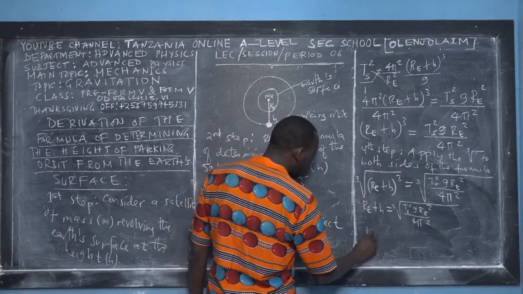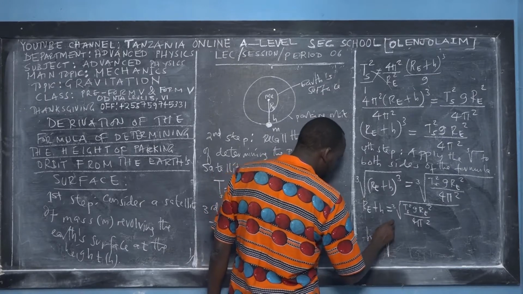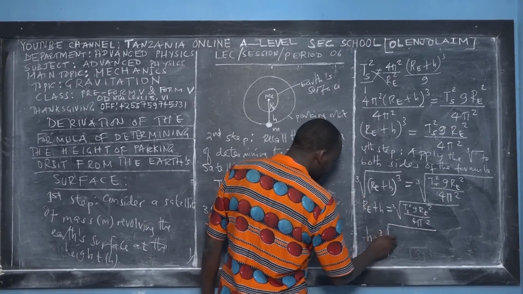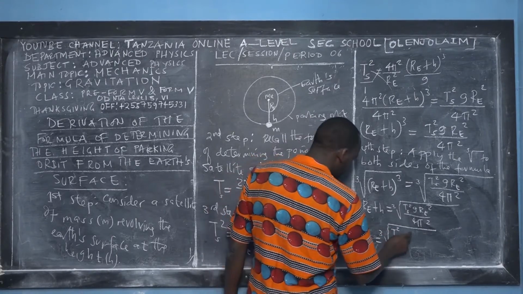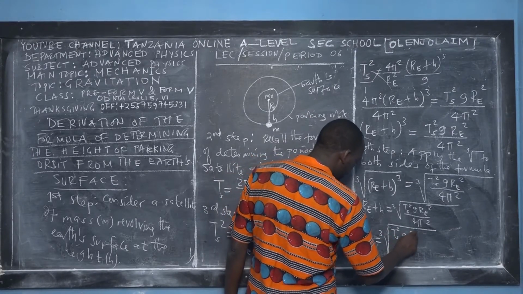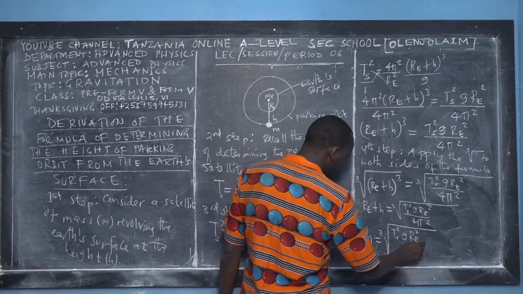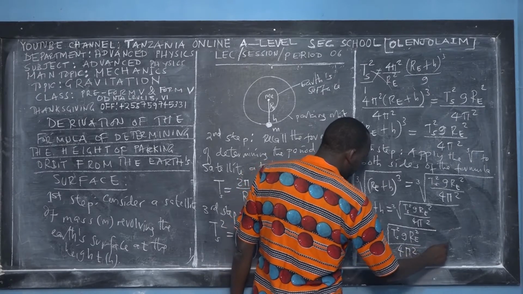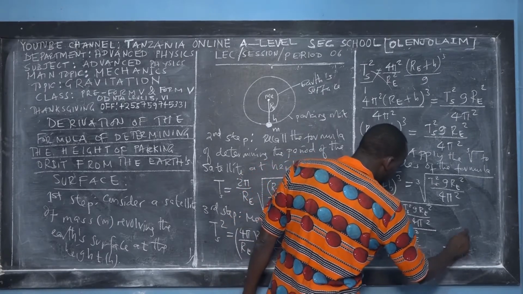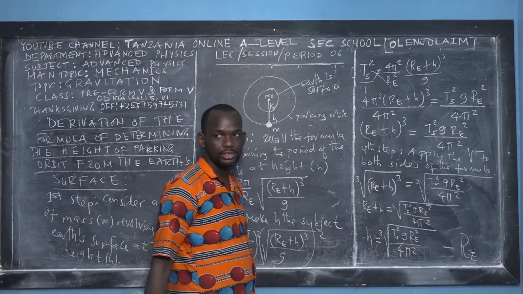Now let us make h the subject. So h will be equal to the cube root of the square of the period of the satellite times acceleration due to gravity, radius of the Earth squared, over 4 pi squared, minus the radius of the Earth.